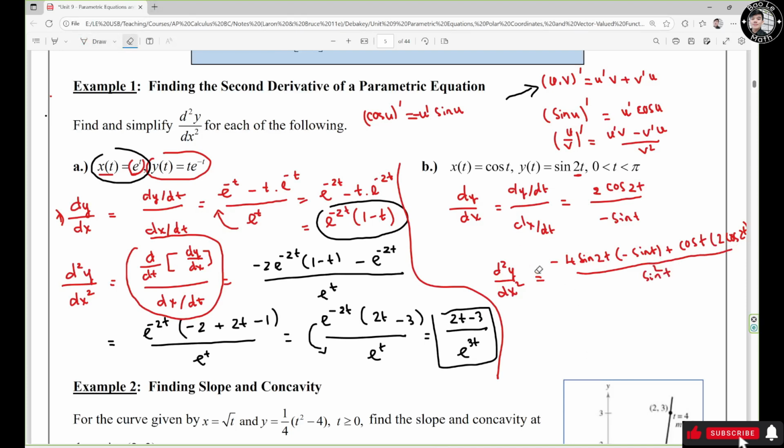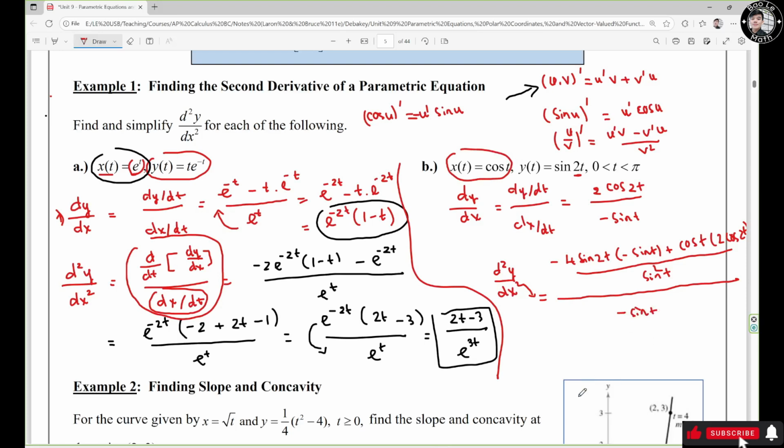I'm going to put the equal sign right here. This one is the main fraction, over ds over dt, where s of t is right here, so it's going to be negative sine t.